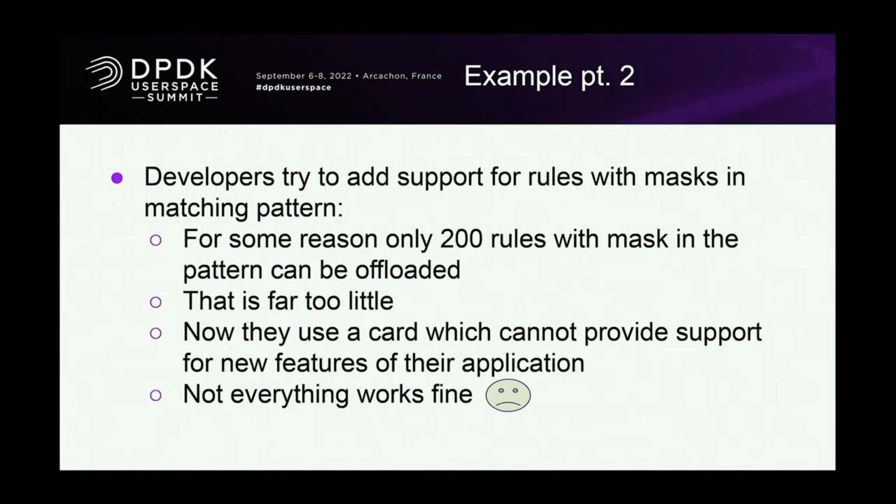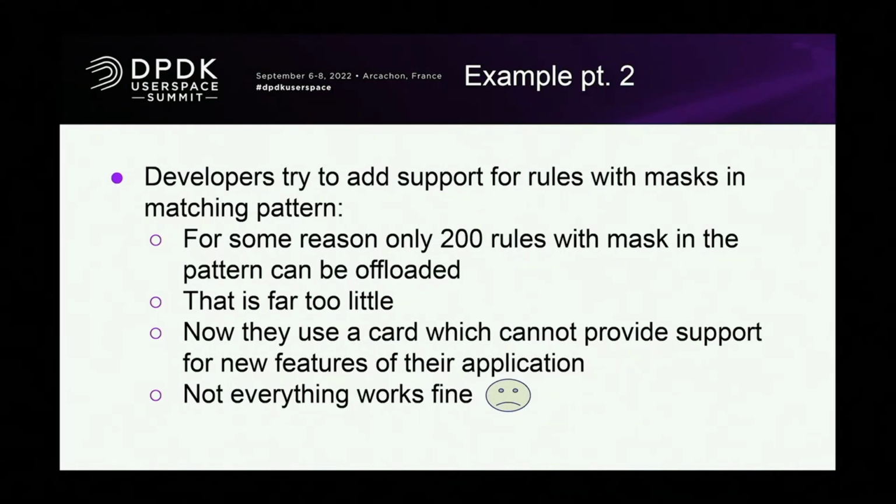But when they try to add masks to the matching pattern, for some reason only 200 rules can be offloaded, which is far too little, since they want to offload about 5,000 rules, and it's not suitable for their needs.